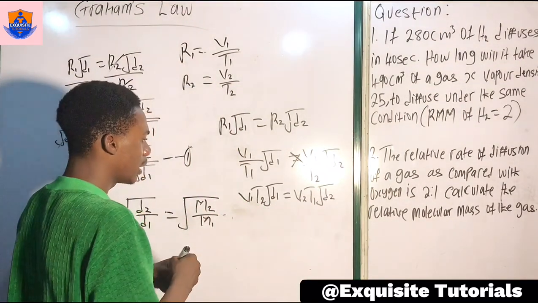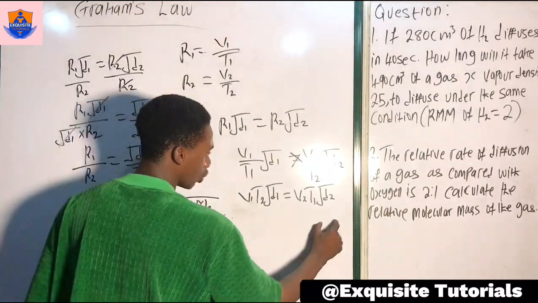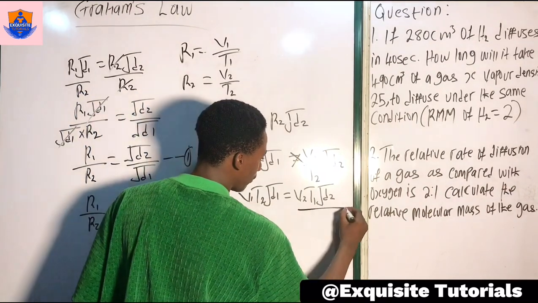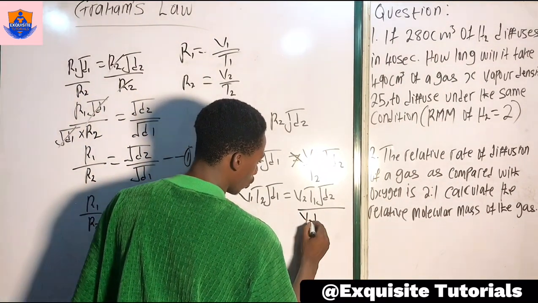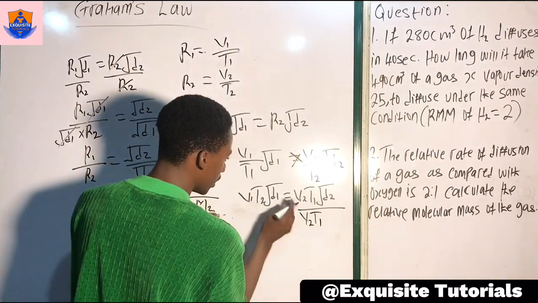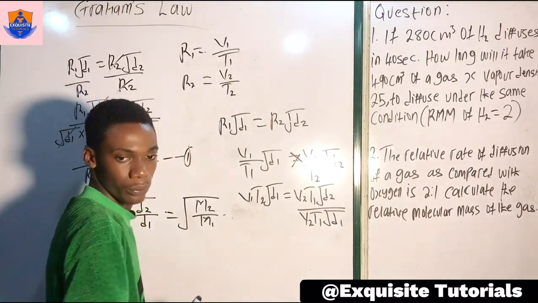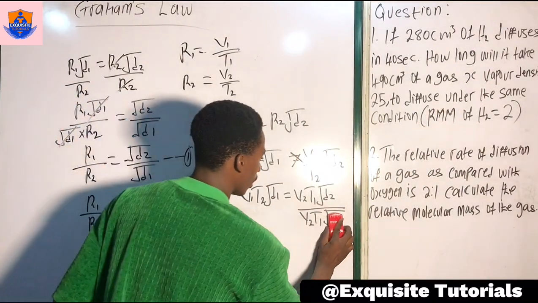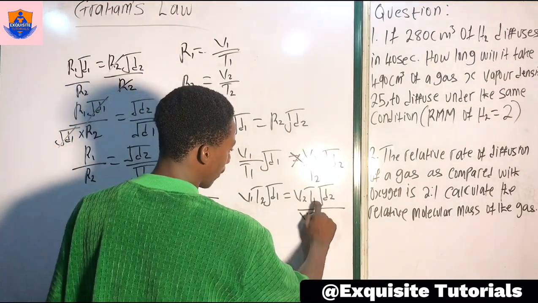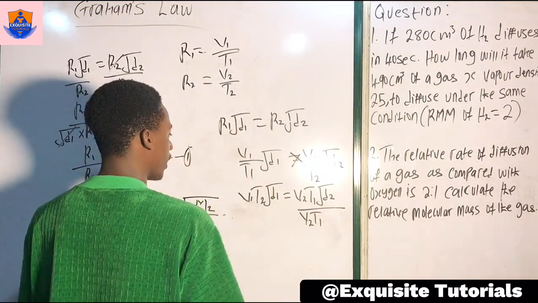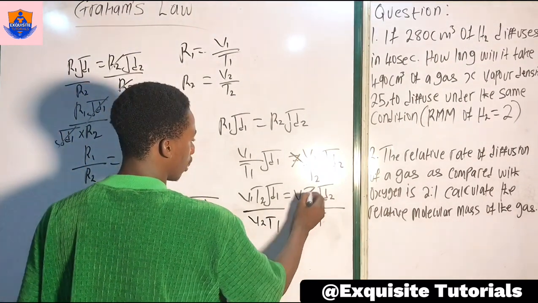So let's take this part to this place and this density to the other side. Or let's not make it confusing. Let's use here. Divide both sides by V2 T1. So this will cancel out.